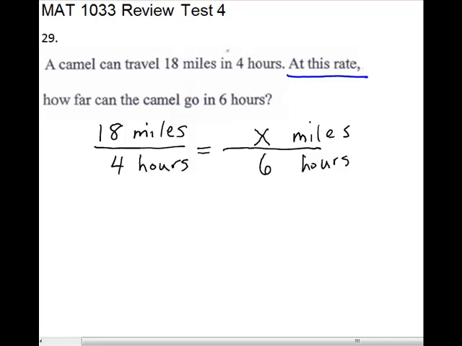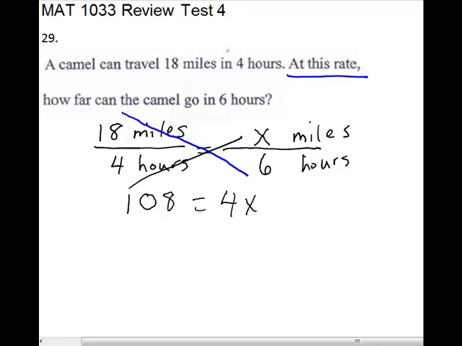When you have a proportion, you can do cross products on the diagonals. So we have 18 times 6, which gives us 108. And we have 4 times x, which gives us 4x, to give us a nice equation.